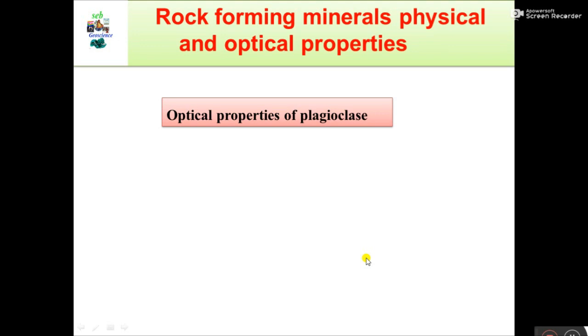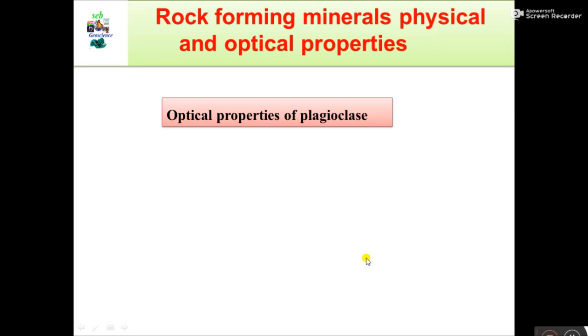The streak of plagioclase is white, and there is also its specific gravity. The hardness is 6 up to 6.5. These are the diagnostic features we determine using hand specimen in the field or in the laboratory. We can distinguish plagioclase from other minerals depending on these physical properties.